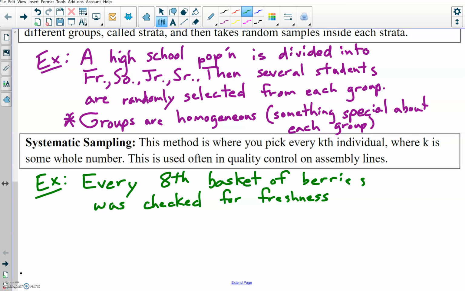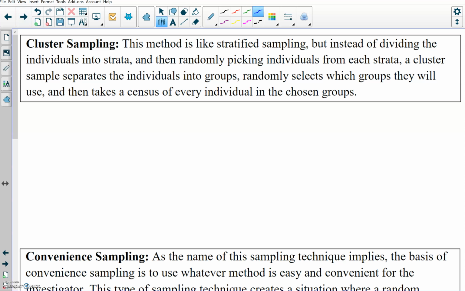All right, so cluster sampling. Moving to the next page here. This method is like stratified sampling, but instead of dividing the individuals into strata and then randomly picking individuals from each strata, so breaking into smaller groups and taking a little from each group, a cluster sample separates the individuals into groups, still doing that, and then randomly selects which groups they will use and then takes a census of every individual in the chosen groups.